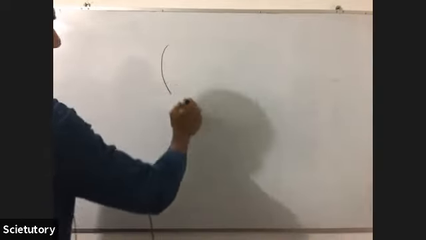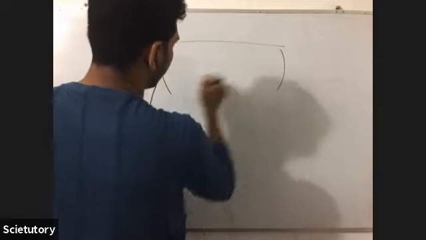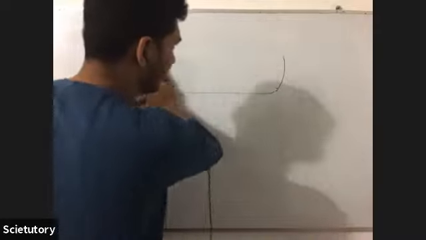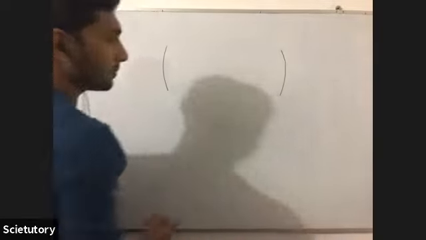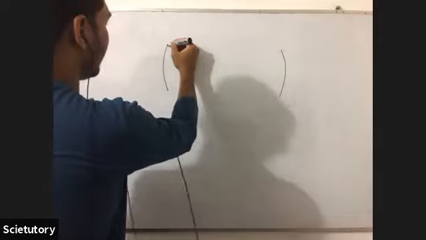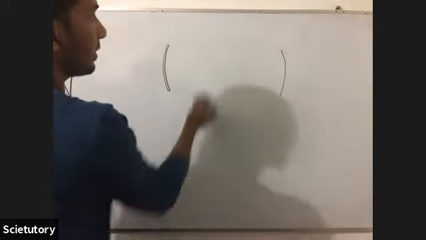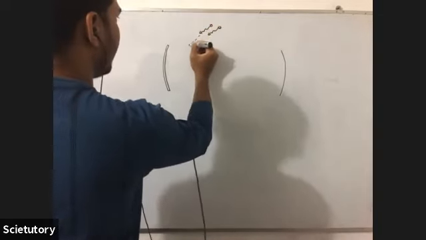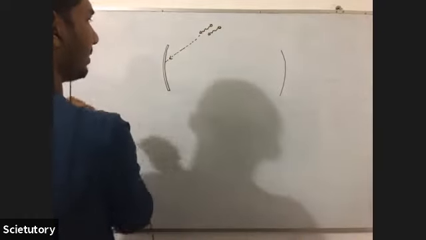Do you know about a photoelectric cell? A photoelectric cell like this, we have a cathode and an anode. This cathode is made up of a metal, and you send some photons, a light beam, so it strikes this metal.